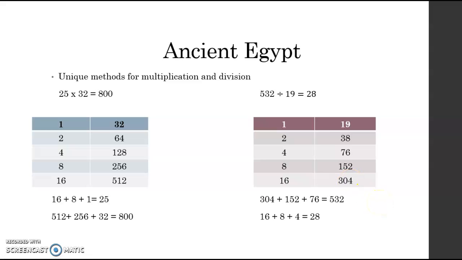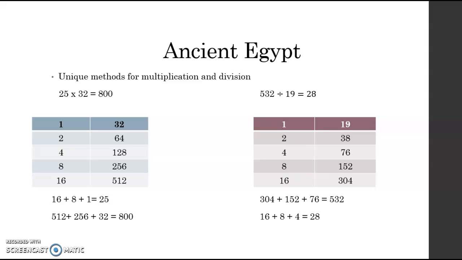That sums up to 532. We look at the corresponding numbers in the other column, which are 16, 8, and 4, and you get 28. So 532 divided by 19 is 28. Another interesting thing with division is that they actually had remainders and they knew a way to deal with that. I found that very interesting.